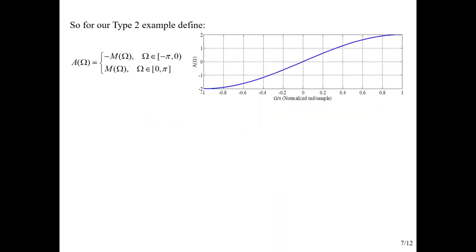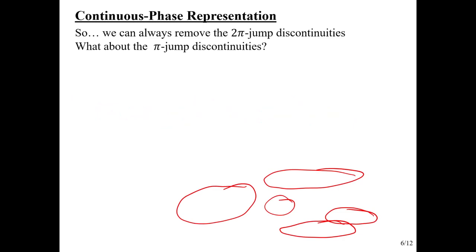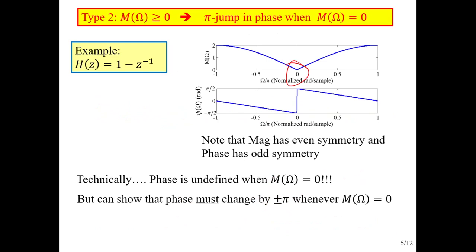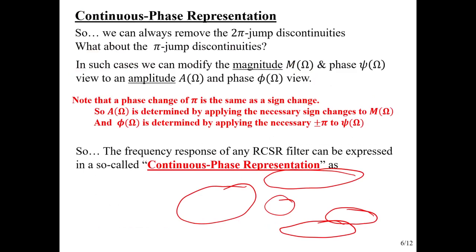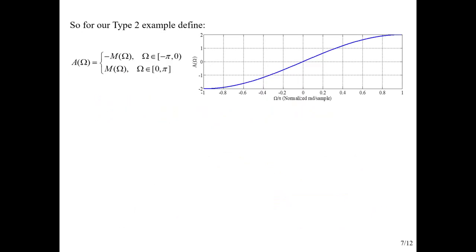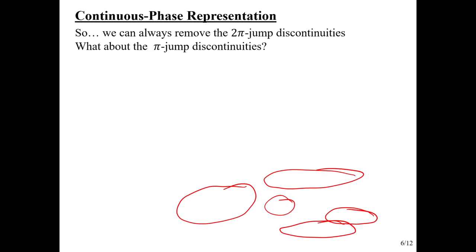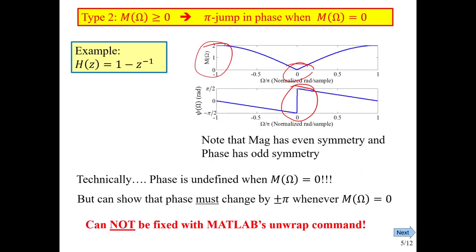So let's look at an example. That example that we had before, let's just back up and take a look at that. So there it is. Remember, this is staying strictly non-negative, so we get that point going to 0, and there's our discontinuity. So what we're going to do, there's a couple different ways that I could do this.